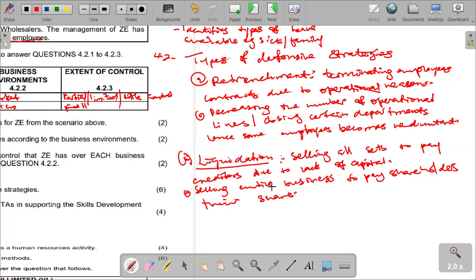Hence, a business can sell the entire business to pay the shareholders their monies.